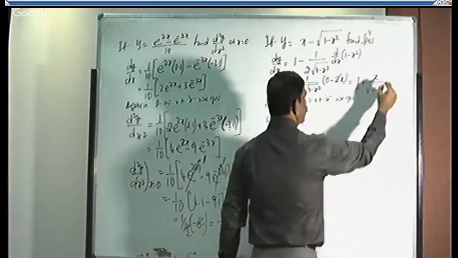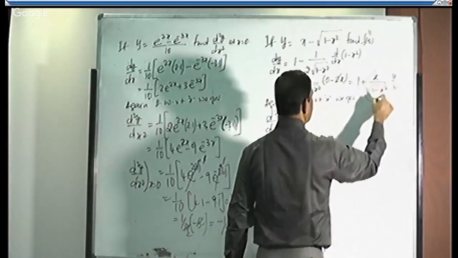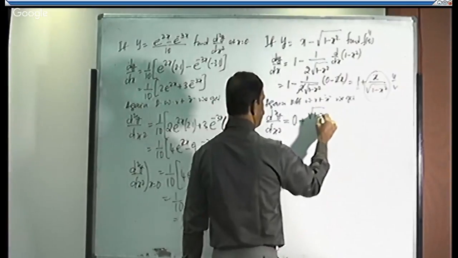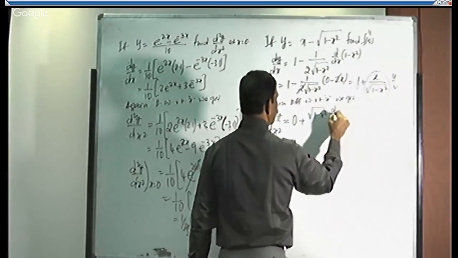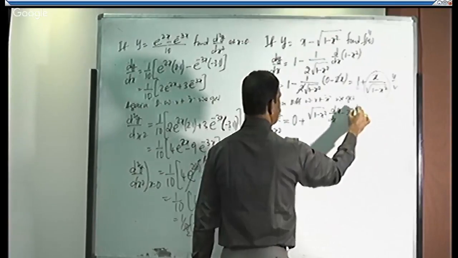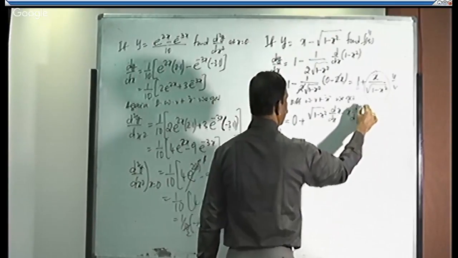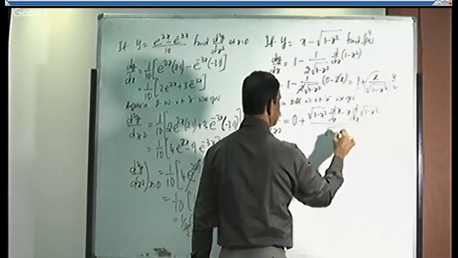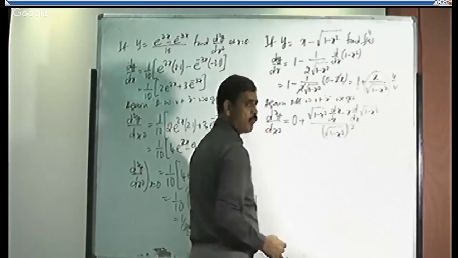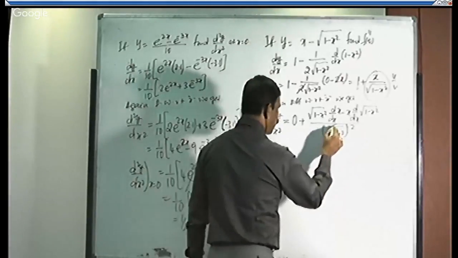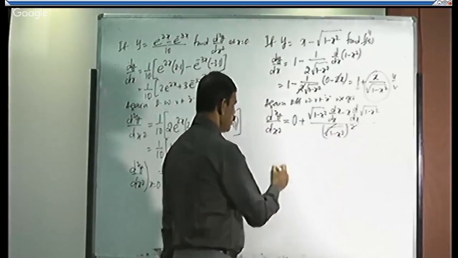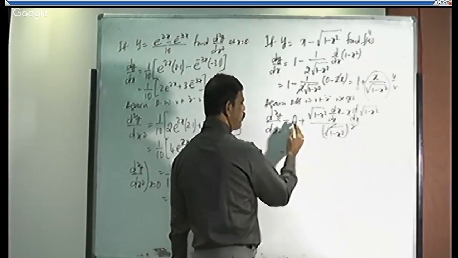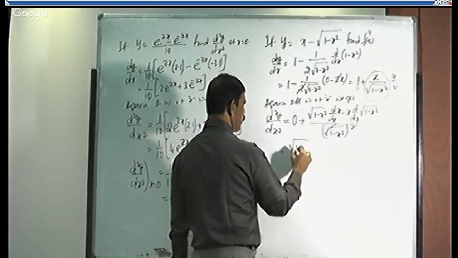Use the quotient rule to differentiate this form: v into d by dx of u minus u into d by dx of v, divided by v square, that is root of 1 minus x square whole square. Square and root get cancelled. 0 plus something, you get the something only. Root of 1 minus x square.